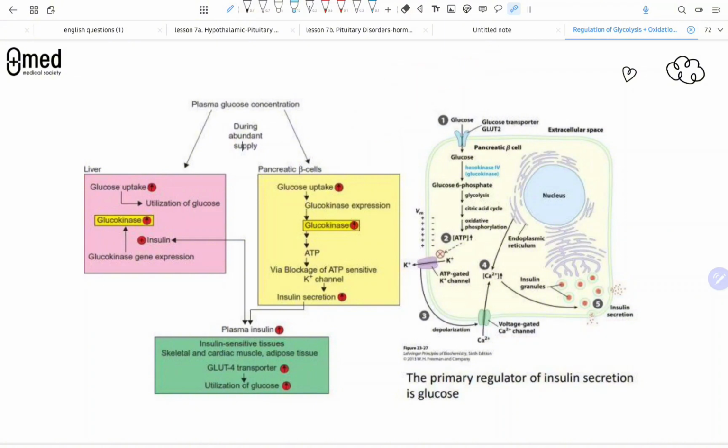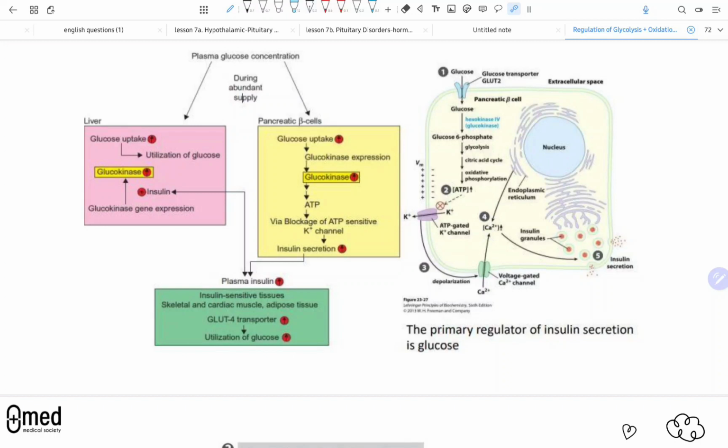So basically, as I have just said, you have a high glucose level in the blood. So let's say you are in the pancreatic beta cells of the pancreas. Glucose binds to the GLUT receptor, and it comes in and performs glycolysis, right? This is normal, we know this. And then after glycolysis is done, we have ATP, right?